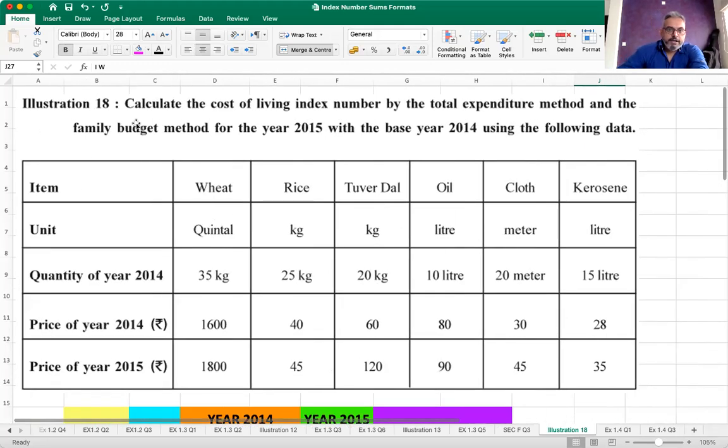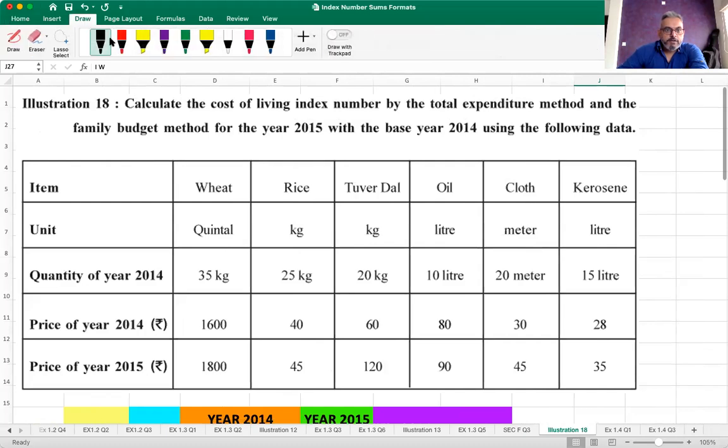Illustration 18. Calculate the cost of living index number by total expenditure method and the family budget method for the year 2015 with the base 2014 using the following data. Now let's check it. Items: wheat, rice, tur dal, oil, cloth, kerosene.